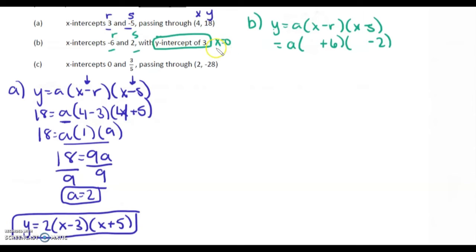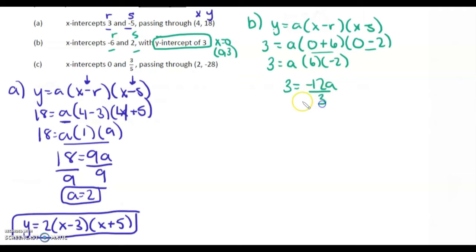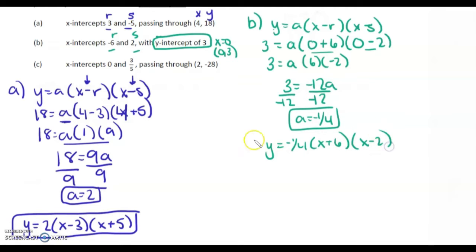So essentially, the point is (0, 3). Then we just simplify. This is 6, this is -2. We get 3 equals -12a, and then we divide by -12. So I get -1/4. So the actual equation is y equals -1/4(x plus 6)(x minus 2).